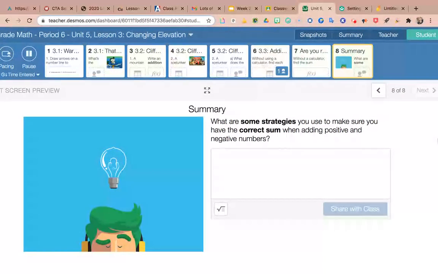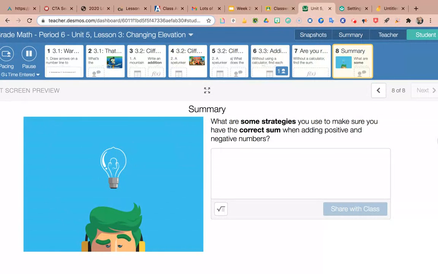You are 7th graders, so you should be able to give me a sentence at least. What are some strategies you use to make sure you have the correct sum when adding positive and negative integers? So if you have a brain fart, you don't remember, some strategies you can use are the number line, checking on a number line to make sure your answer is correct, using the money you have and the money you owe method is another way to check.